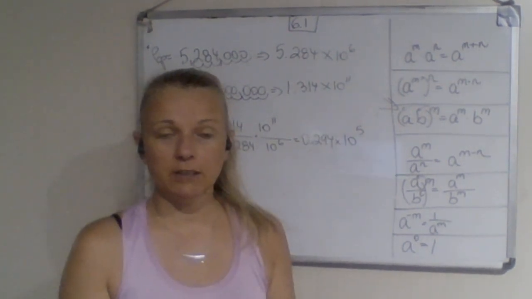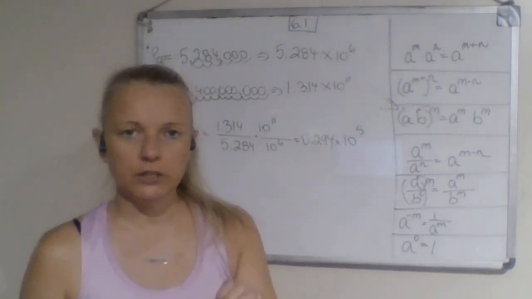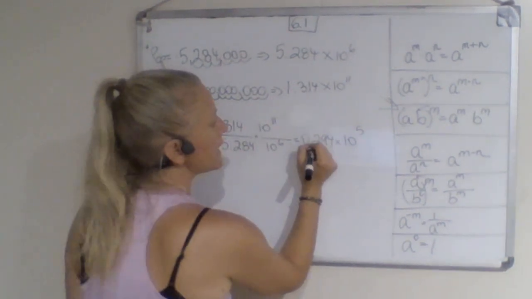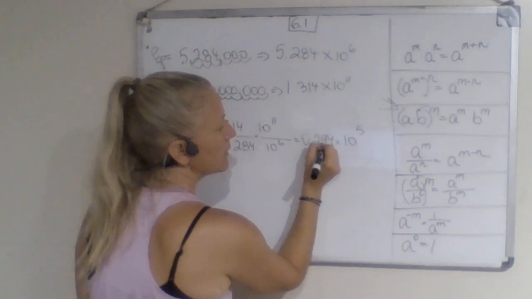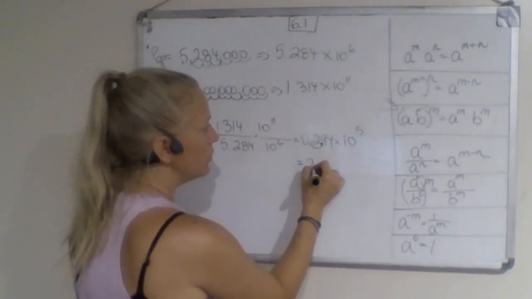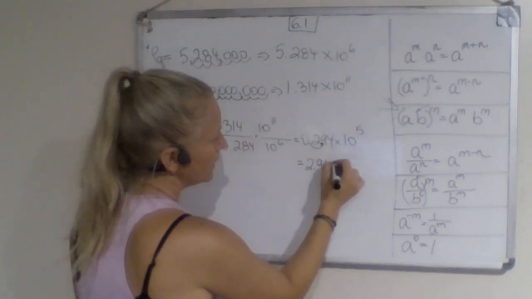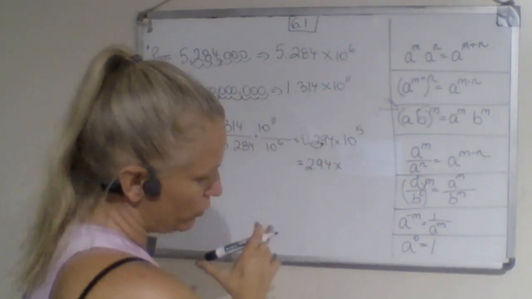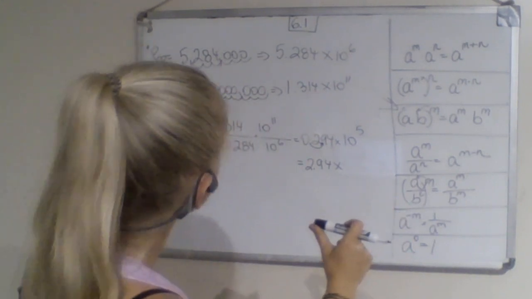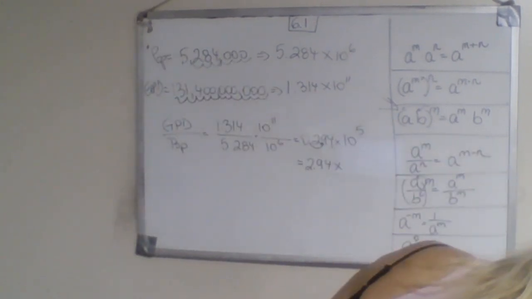Remember the rule of scientific notation? You have to have one digit before the decimal that's not 0. Right now it's 0, which means I have to move this way one time, right? This becomes 2.94 times, I moved to that side, right? Did I write this the wrong number? Have I lost my mind?